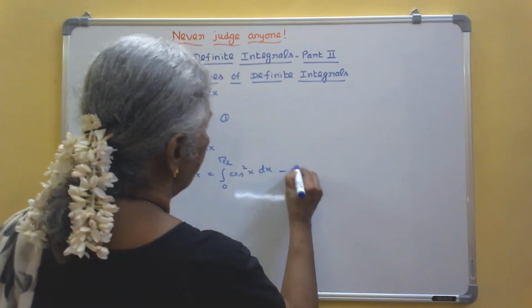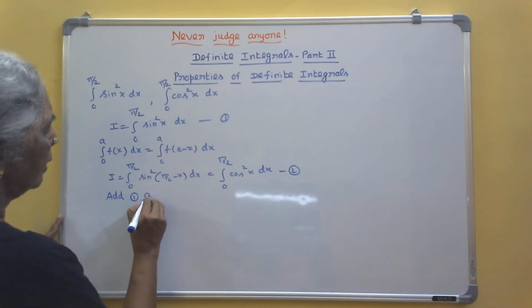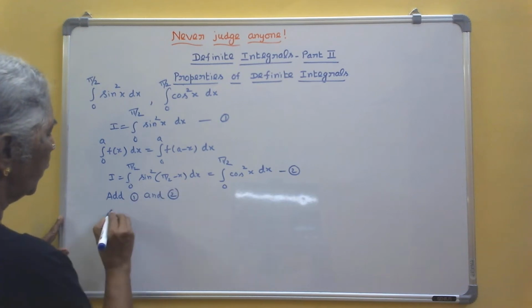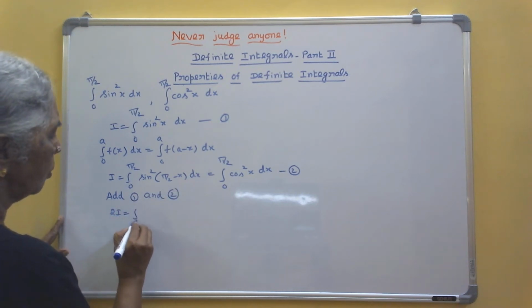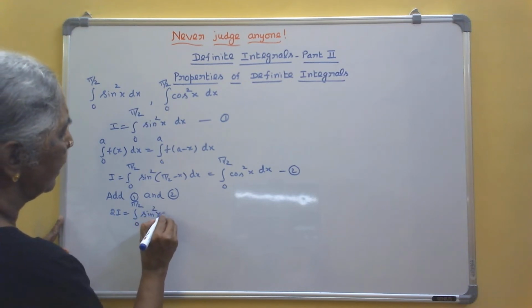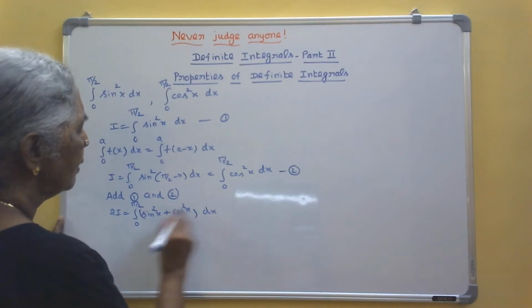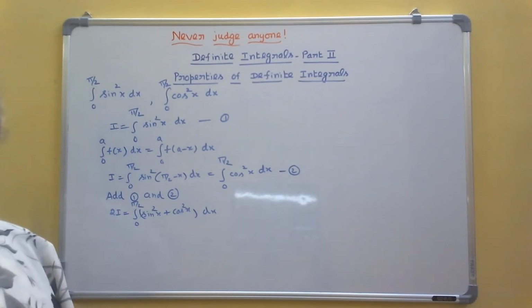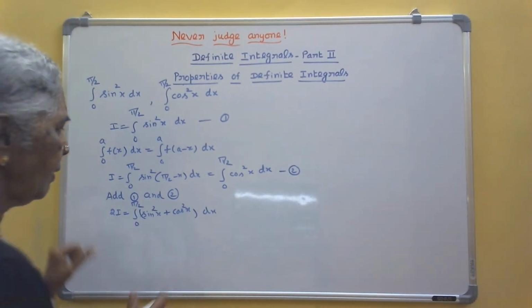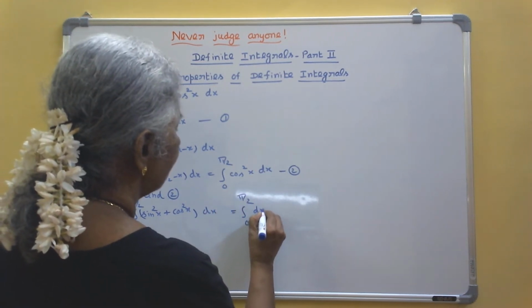Mark this as 2. Now add 1 and 2. You will get 2I, that is equal to integral 0 to pi by 2. You have sine squared x there. You have cos squared x here. So now because of that property, sine squared x plus cos squared x is 1. You will be getting here integral 0 to pi by 2 just dx.